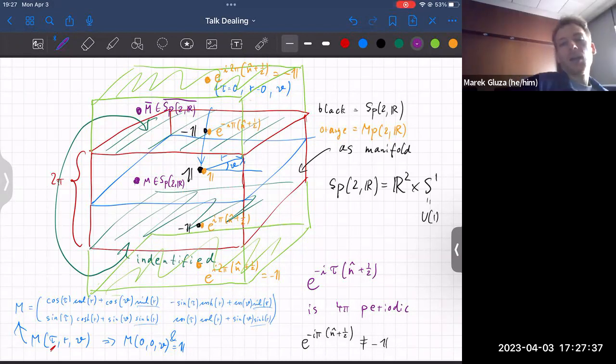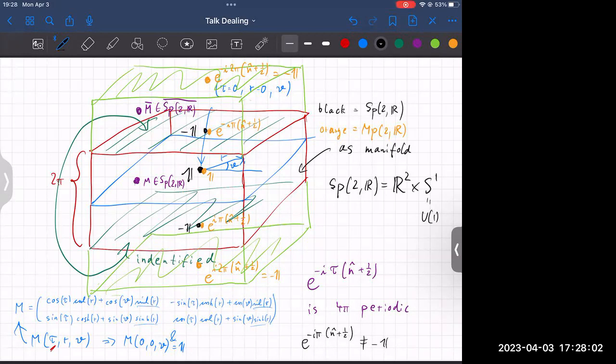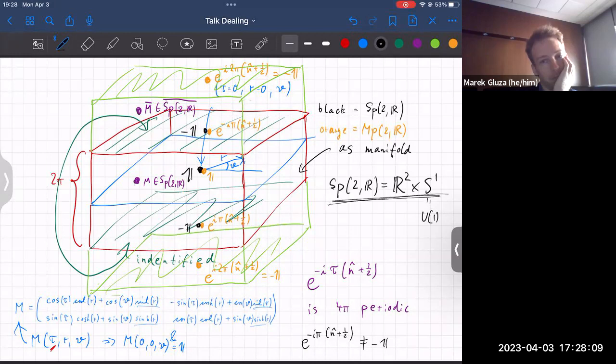Okay. And Lucas, this parametrization that you constructed, is it meant as a manifold isomorphism, or is it really the equality that you have here? So this symplectic Sp2R, is it really equal as manifolds, or is it isomorphic?